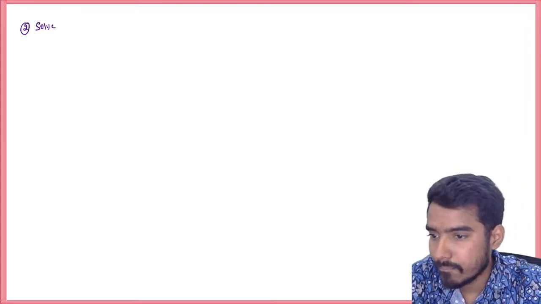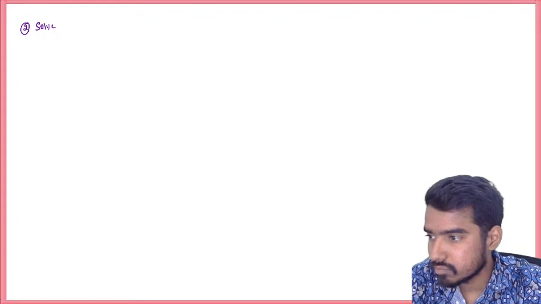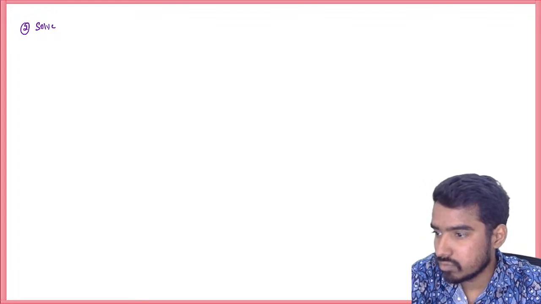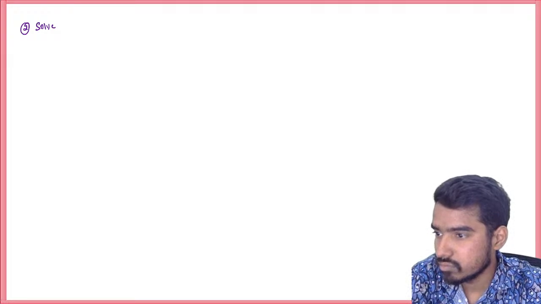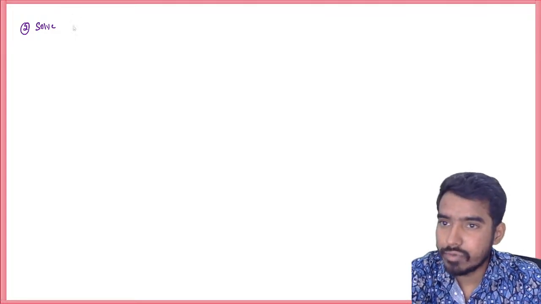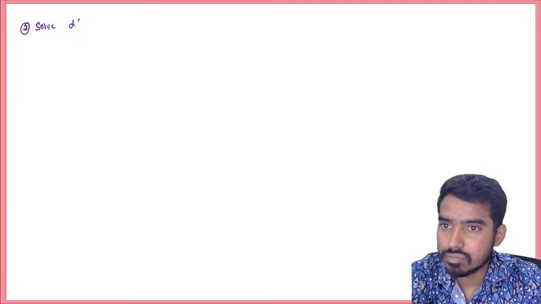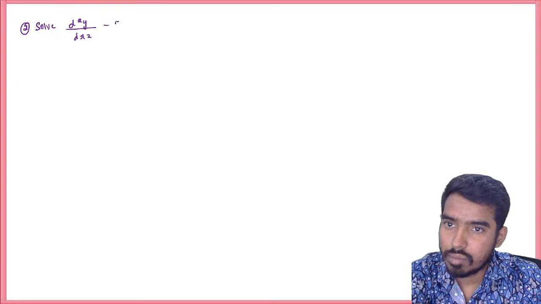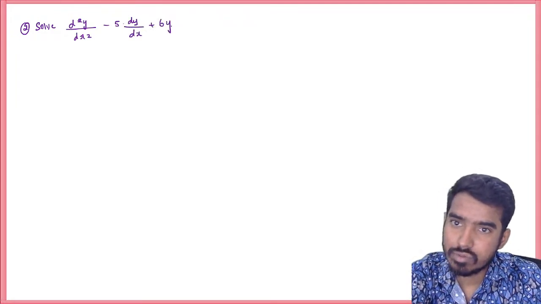Solve d square y by dx square minus 5 times dy by dx plus 6y is equal to e power 4x.